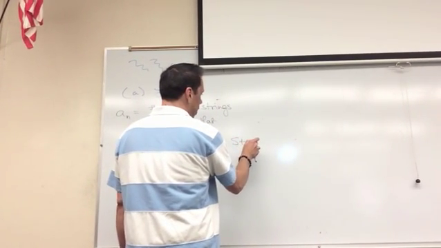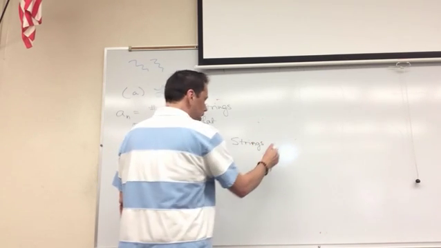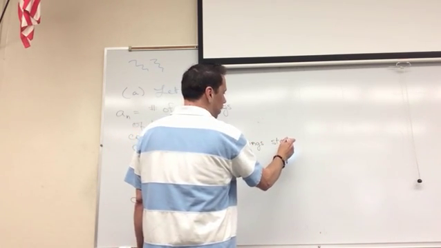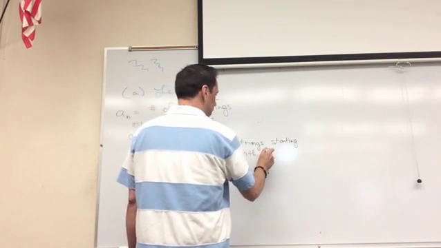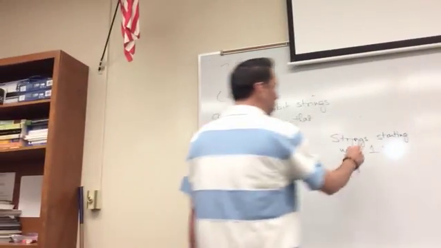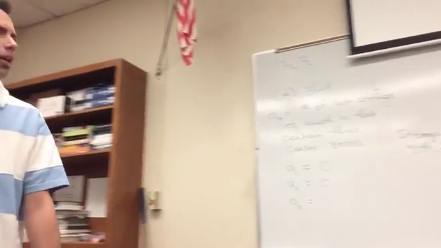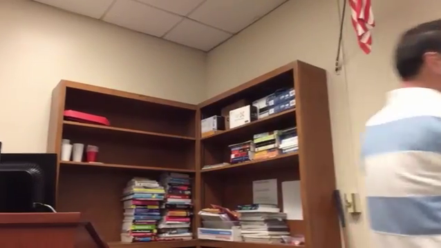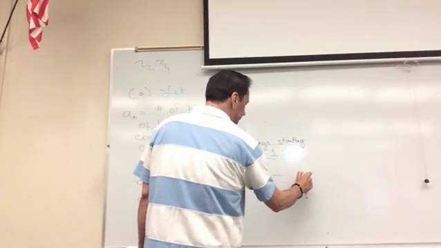Strings starting with 1. Start with 1 first. If the string starts with a 1, that does not help you get your 3 consecutive zeros. All right. And so you'd be looking at a 1 and then a whole bunch of blank spaces.